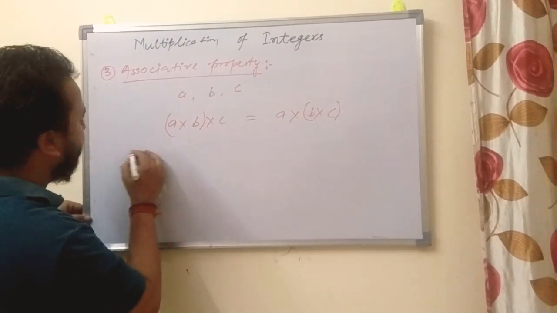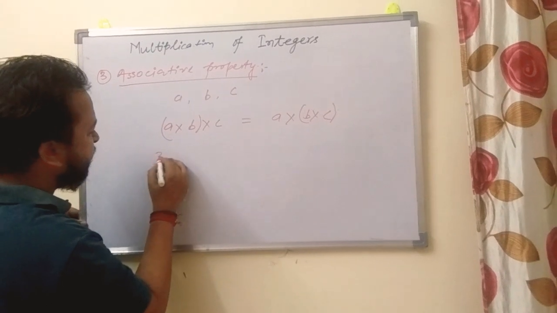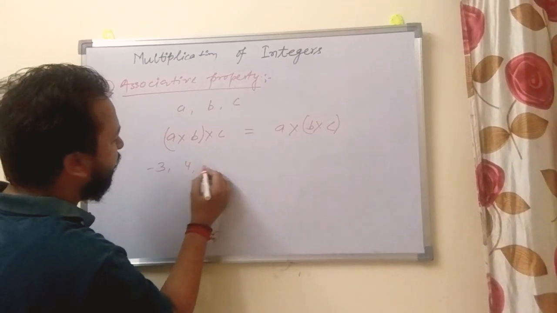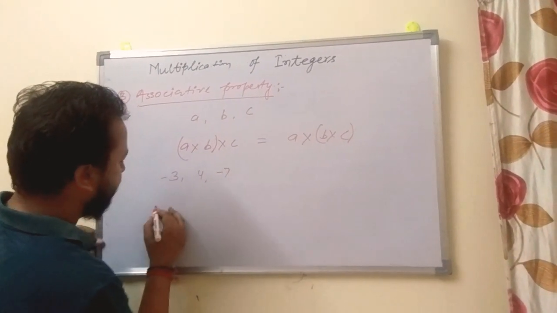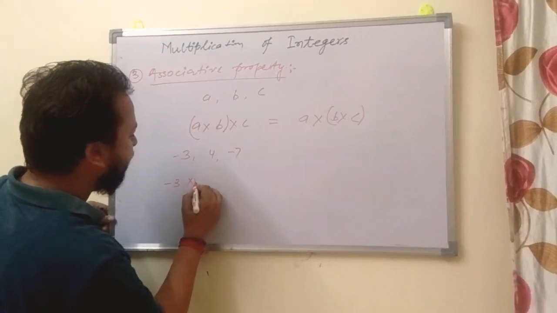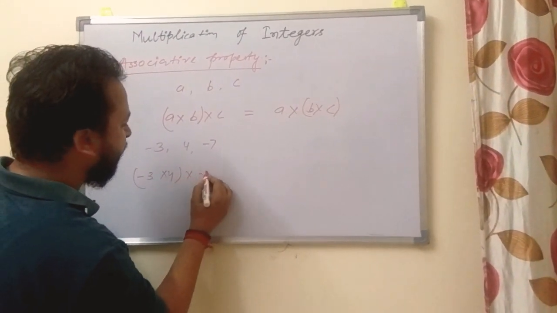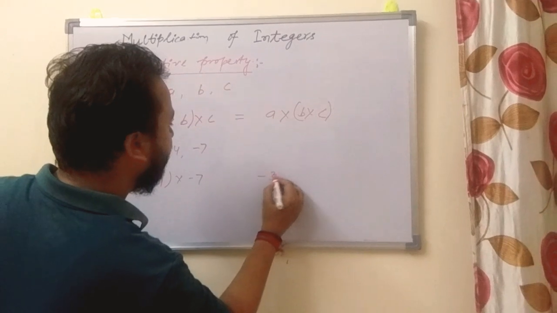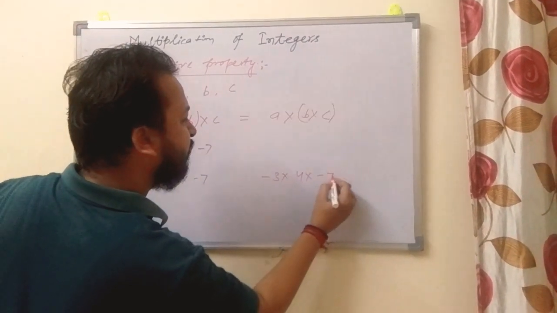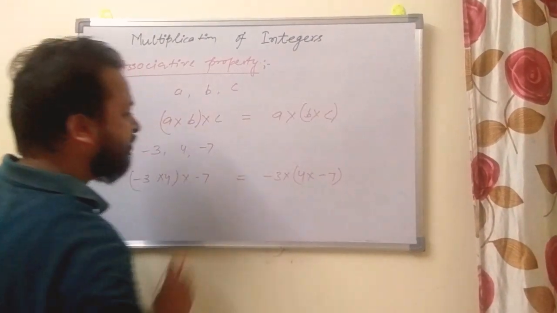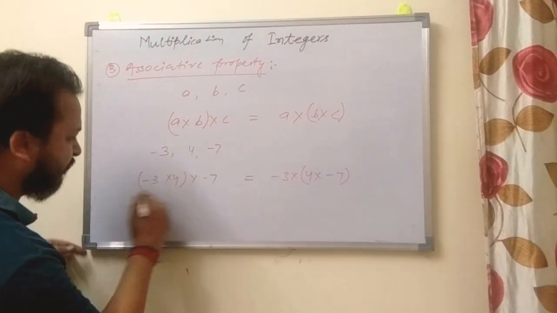Let's check this. Suppose the integers are minus 3, 4 and minus 7. So minus 3 multiplied by 4 multiplied by minus 7. The answer, we have to check it.